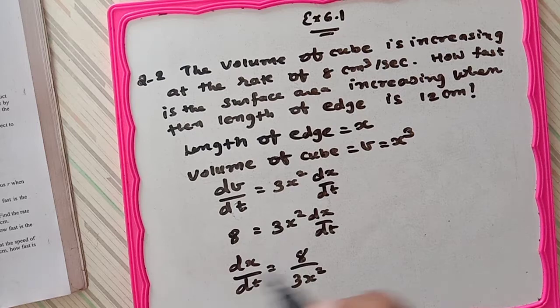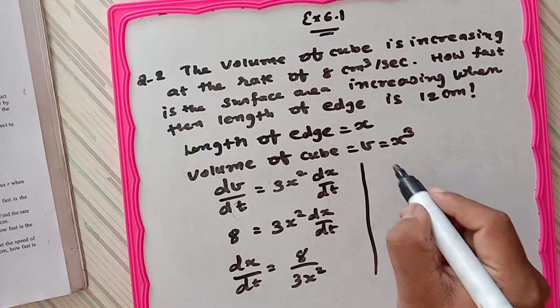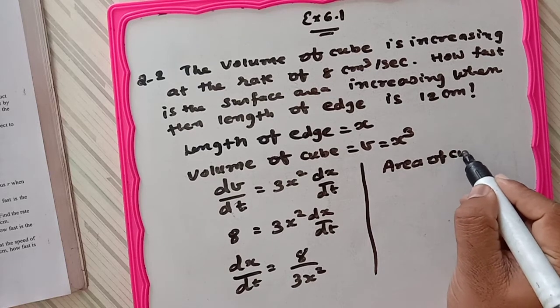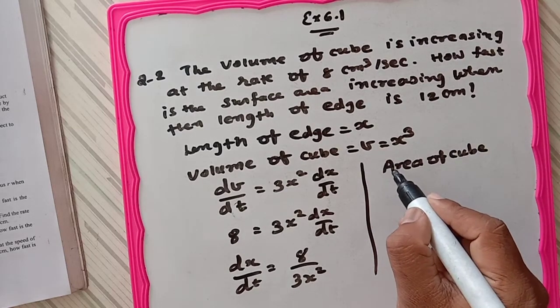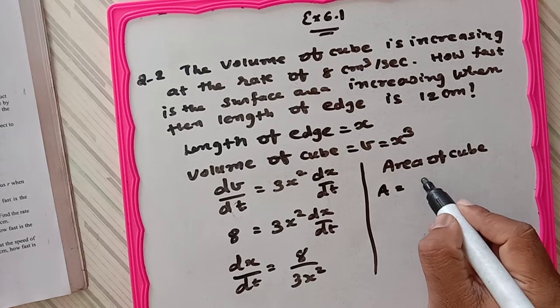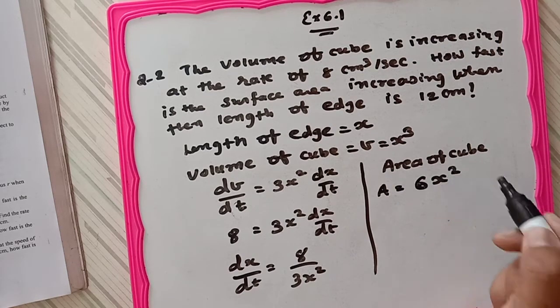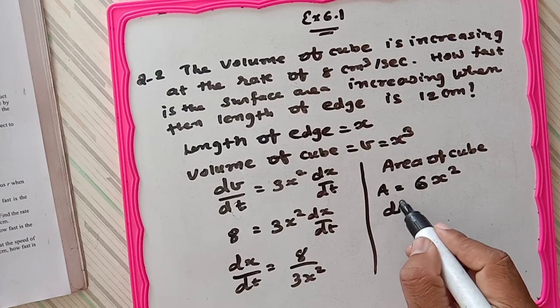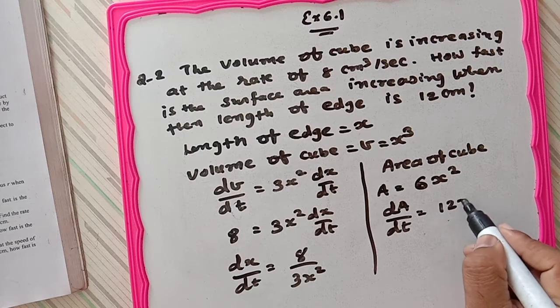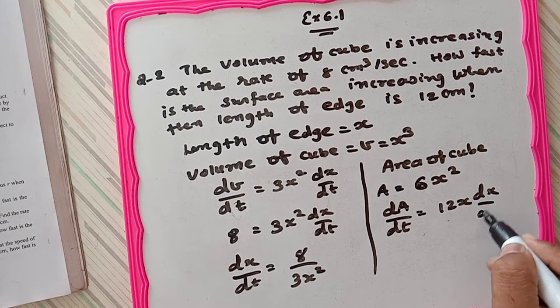Now we want the area changing rate. The surface area of the cube is A equals 6x square. So the area changing rate with respect to time will be 12x dx by dt.